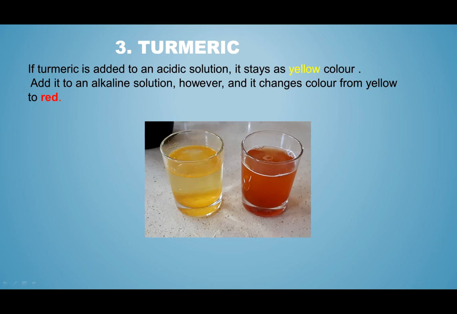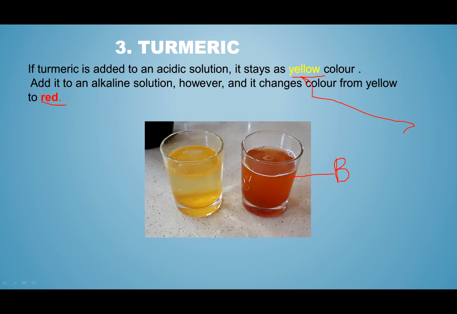If you add an acid to it and it stays yellow, that means there is no change, so that is an acid. If it turns red upon adding any substance which you want to test, that becomes the base. So this is the color change of turmeric.